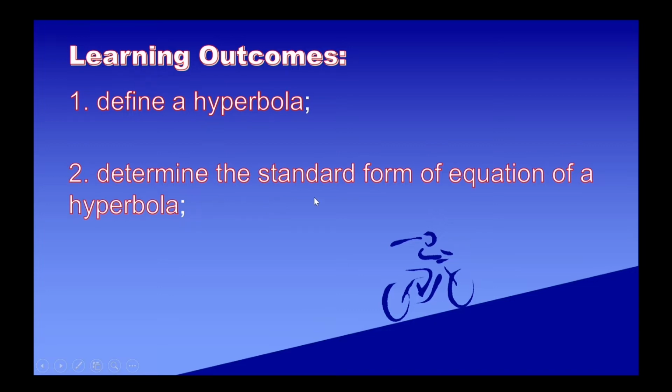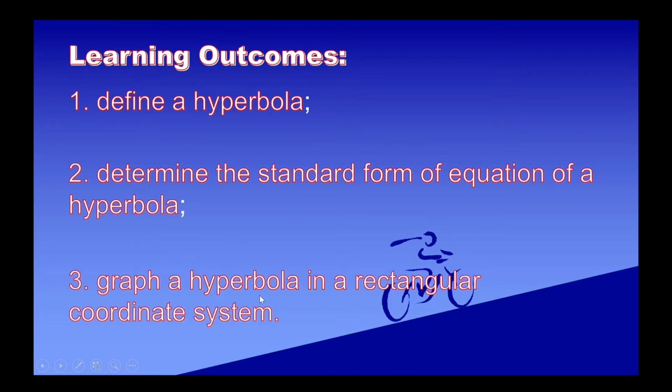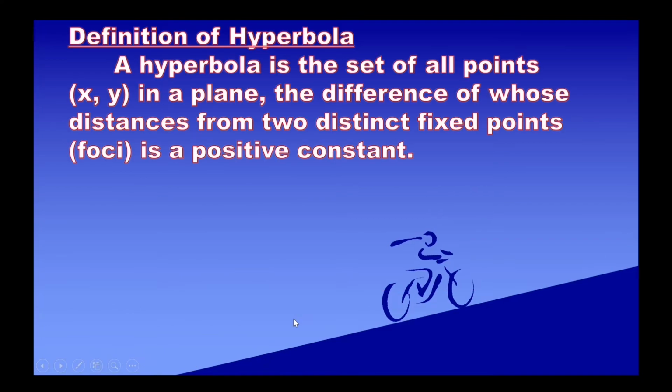Given the essential parts of the hyperbola, the vertices, foci, and asymptotes, you are going to determine the standard form of equations, the x and y. Number 3, graph a hyperbola in a rectangular coordinate system. Those will be all our 3 learning outcomes that must be achieved.